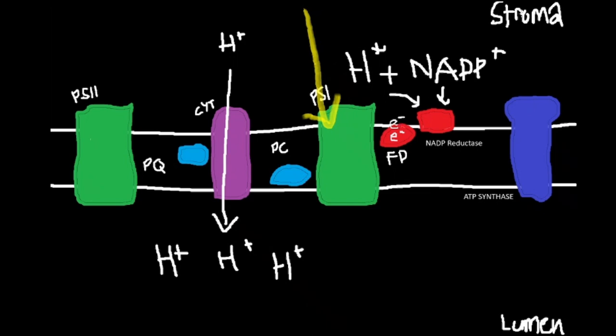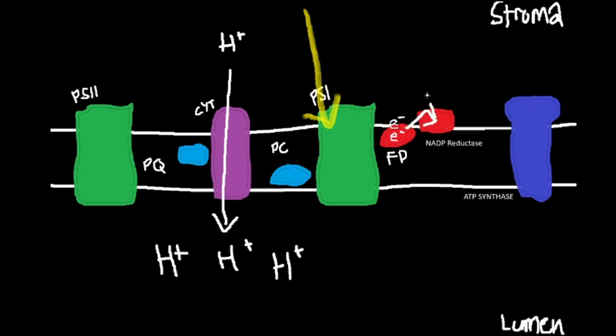They get reduced, so it goes right here, the electron activates the site, and the H plus and the NADP combine into one. That's what makes it good, because you get another hydrogen carrier, a proton carrier, which is important for the other functions, which is what we call NADPH.